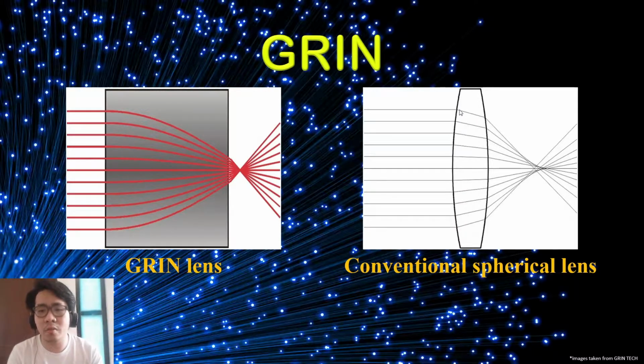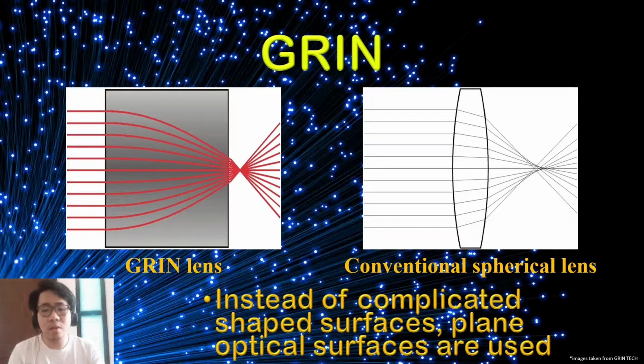However, for our gradient index lens, the path taken by the light is not linear but curved, and that is because the refraction index inside the material is constantly changing as the light passes from left to right.